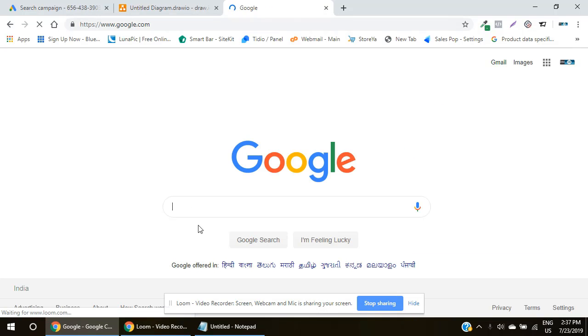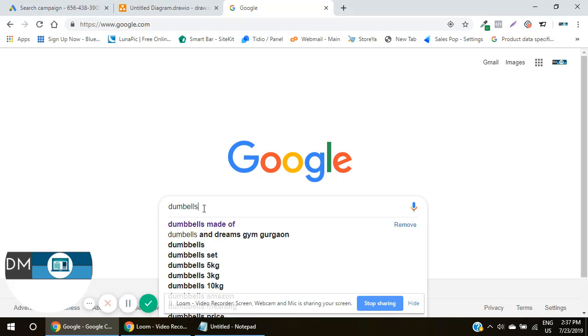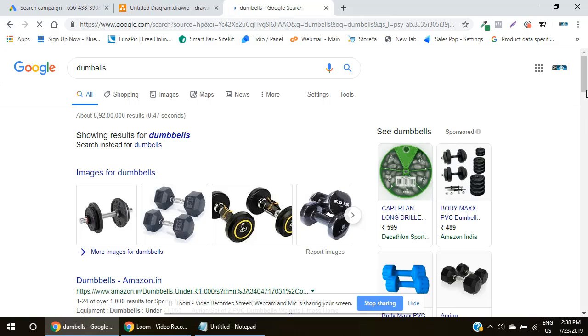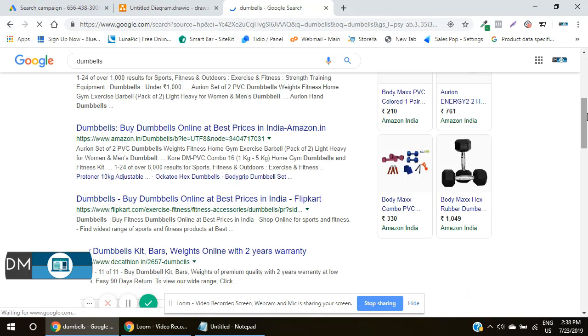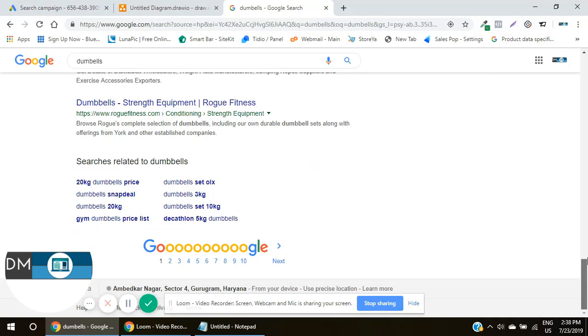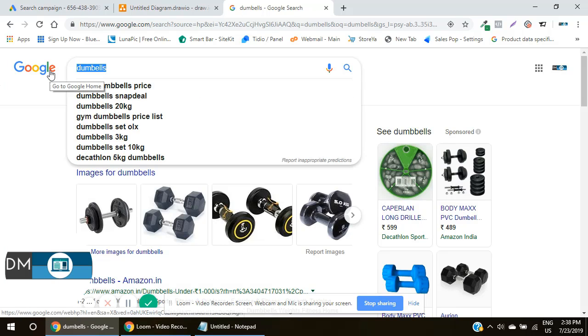So let's say I am looking for dumbbells. I'm just giving you an example of a search ad. Search ad coming in. Okay, so mattress.